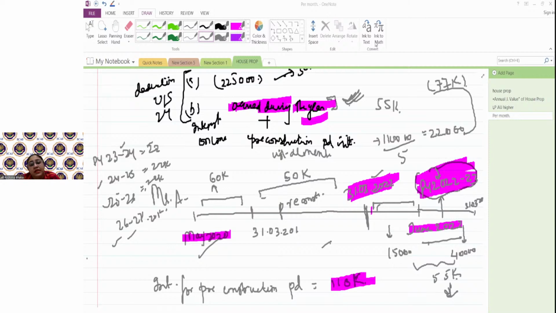If the property is completed at the end of the year 2023, then still the interest for the year will be claimed for that whole year. Correct, Diksha.